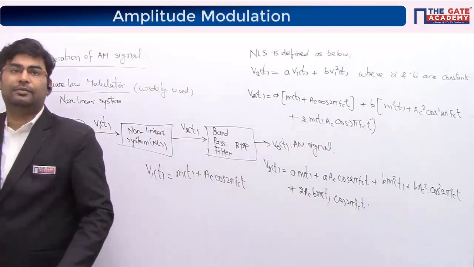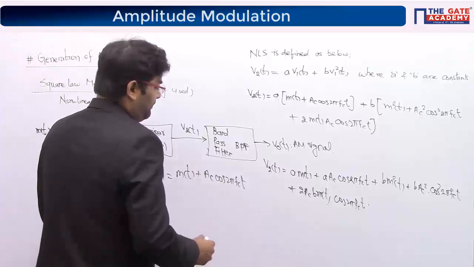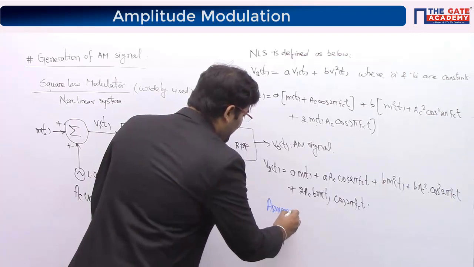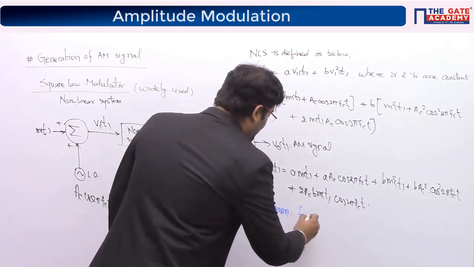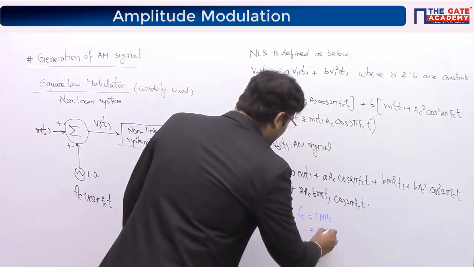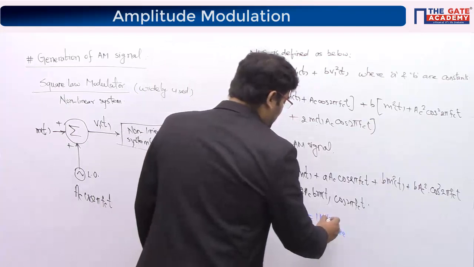Now we have to make some assumptions, guys. First, we assume a carrier frequency. Here the carrier frequency is 1 megahertz, which is equivalent to 1000 kilohertz.